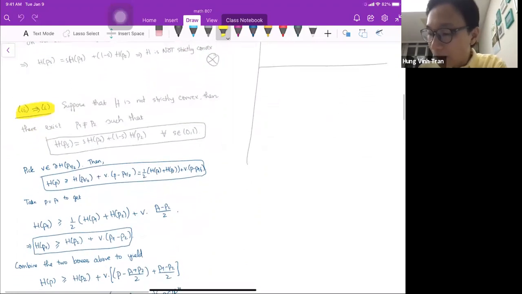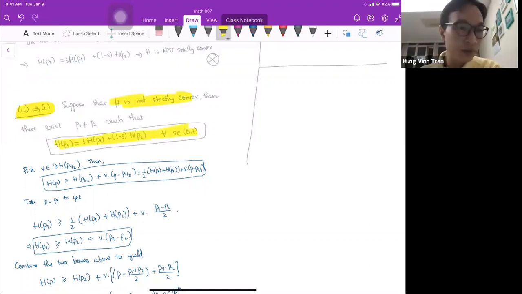All right. To go vice versa, we assume that H is not strictly convex. That means that we can find a line segment so that the values of H also form a line segment, right?